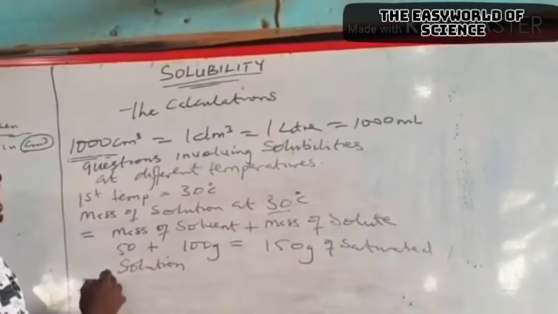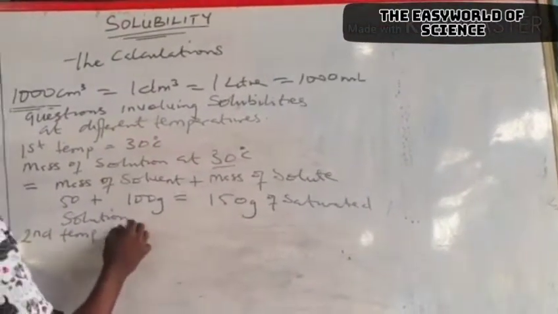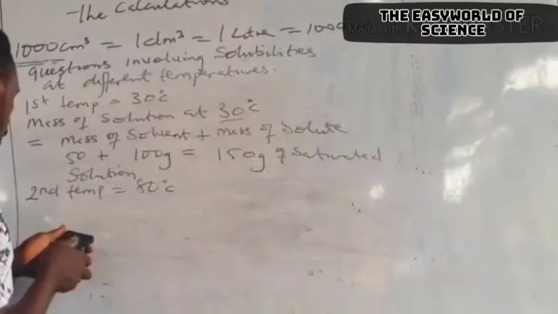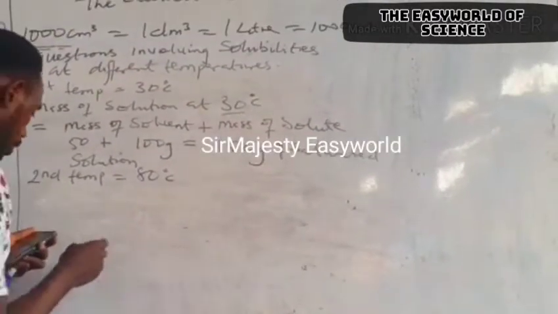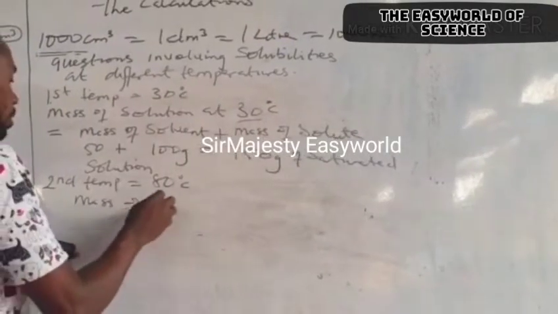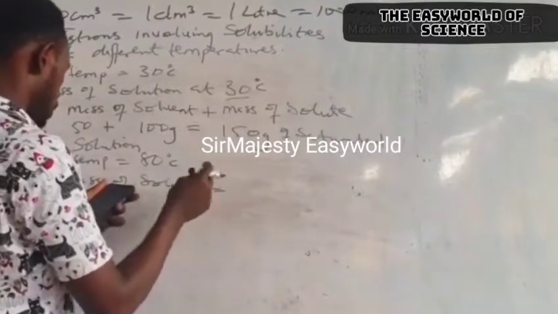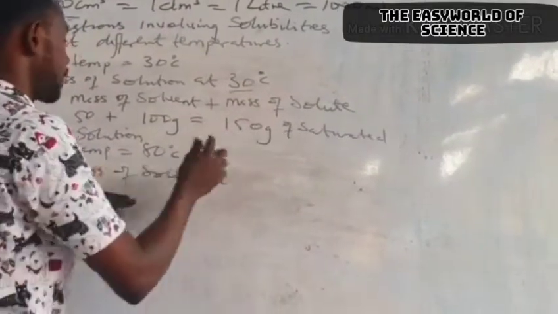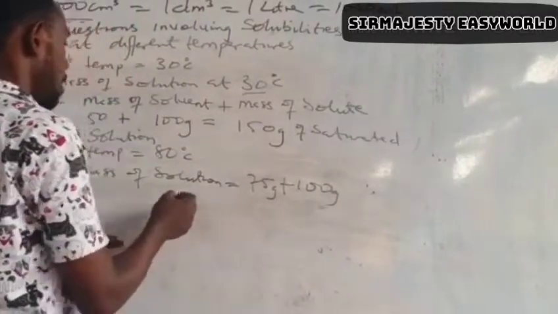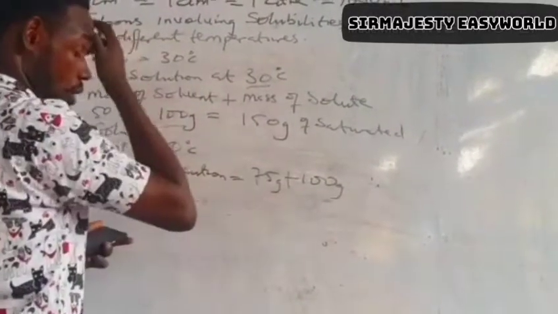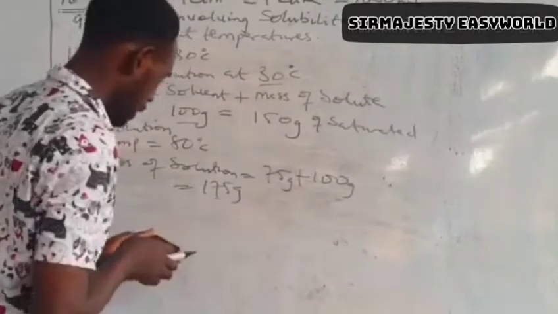Then, the second temperature mentioned is 80 degrees Celsius. When you look at the screen, you find out that the mass of solution at this temperature is equal to the mass of solute in question, which is 75. Then the mass of solvent remained 100 grams. So remember, 100 grams of water means 100 cm cube of water. So total mass is 175 grams at 80.